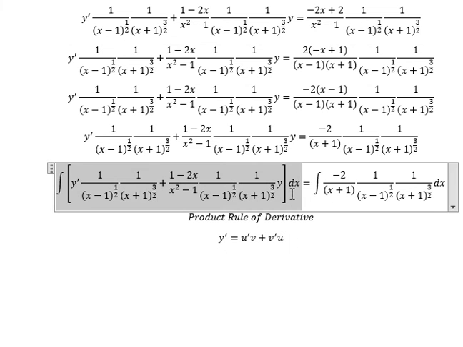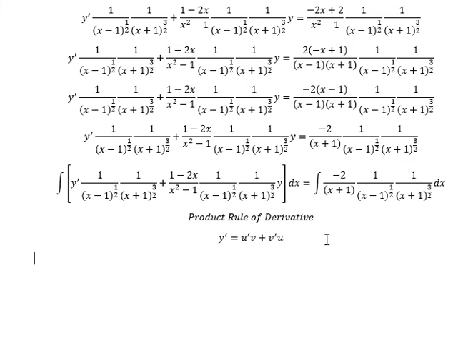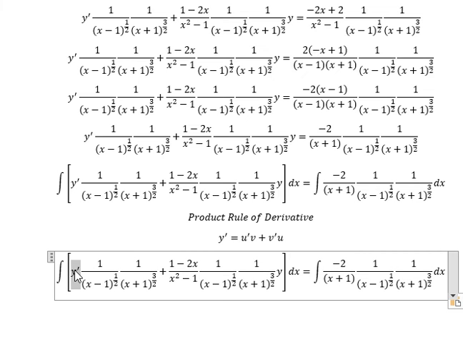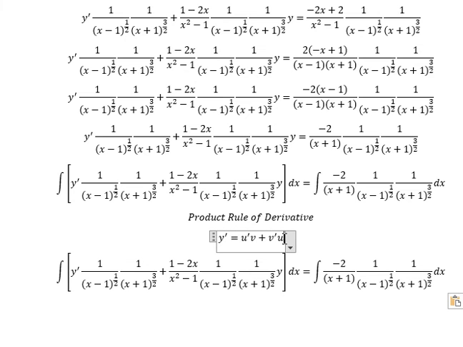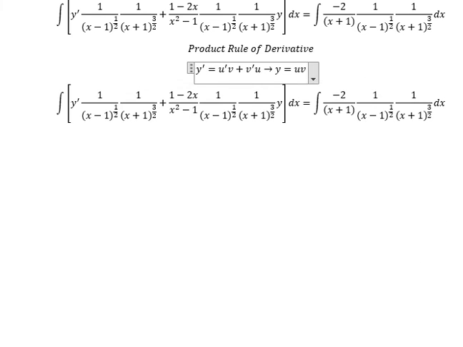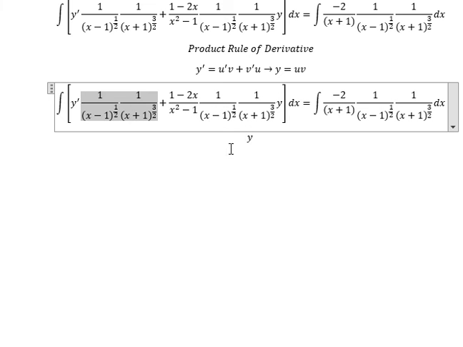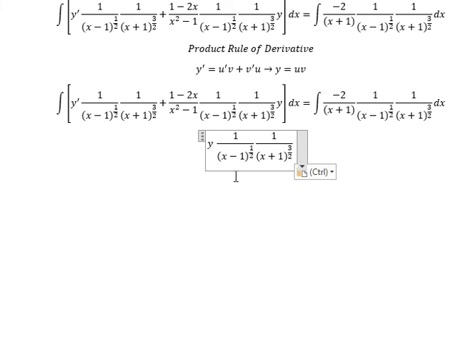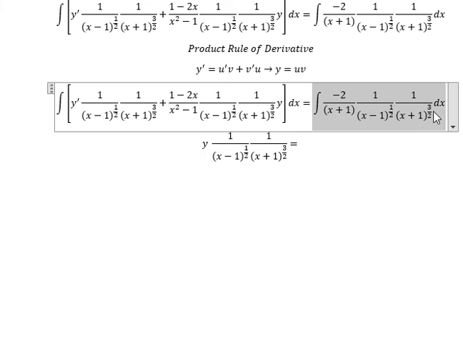So if we look carefully at this one, this is the first derivative of u multiplied by v. This one is the first derivative of v multiplied by u. So if we do this integration, we will have uv. That means this one we will have y multiplied by this one in here. Now I will concentrate on this integration.